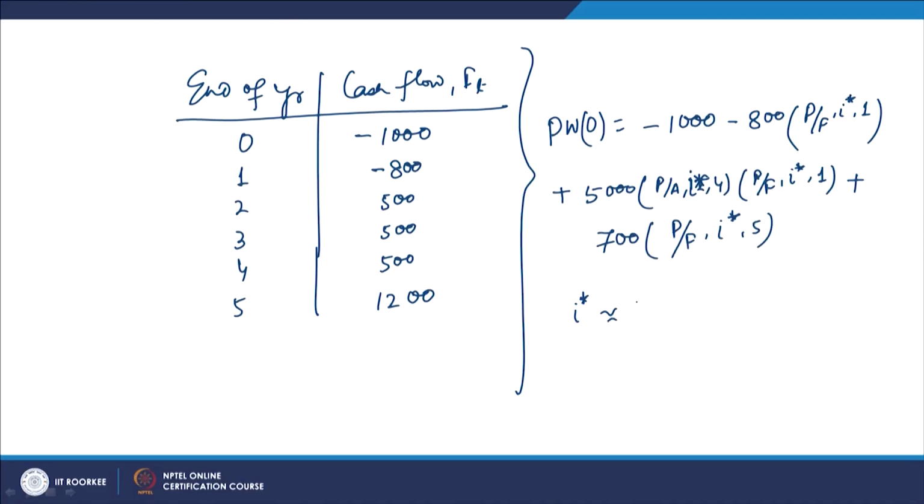You take some i* values by hit and trial, and then do interpolation to find i*, and you will see that it comes close to 12.8%. So, for 12.8% this whole quantity will be 0.